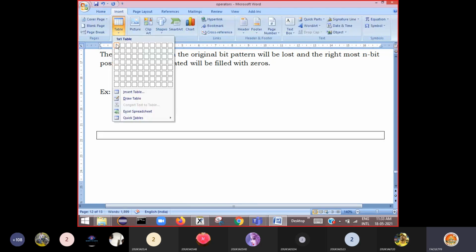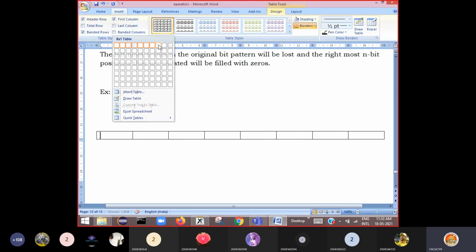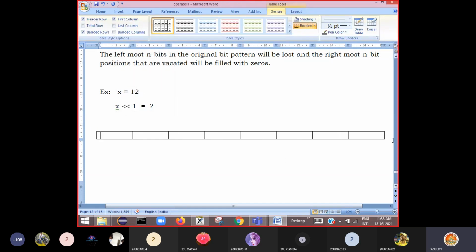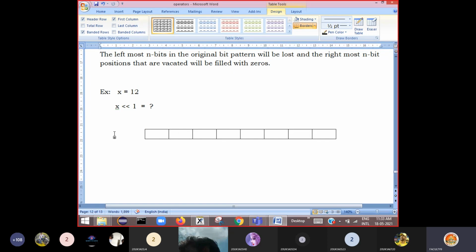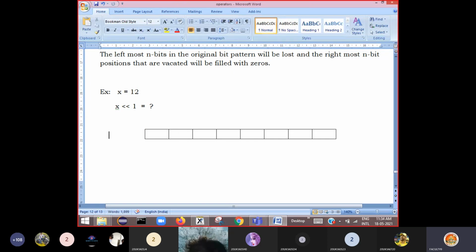So that I can show each bit position to you easily. Now if I say this is X is equal to 12, I am representing this 12 as an 8-bit number in binary form.